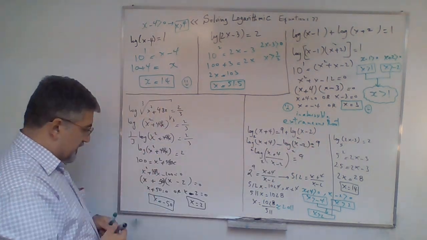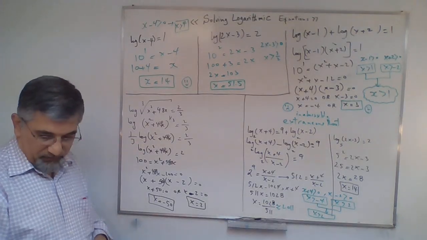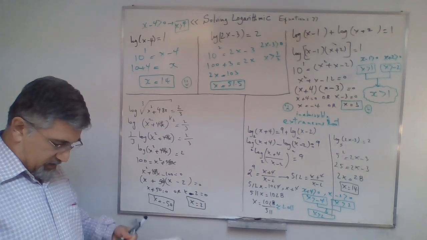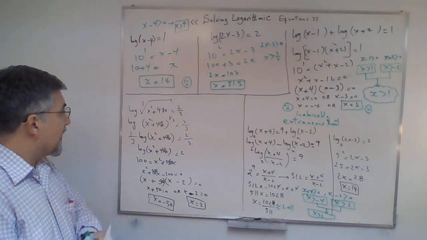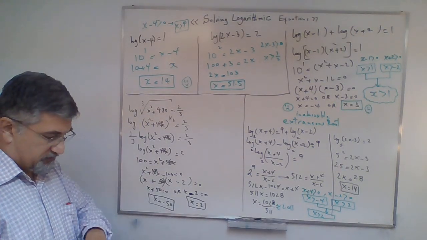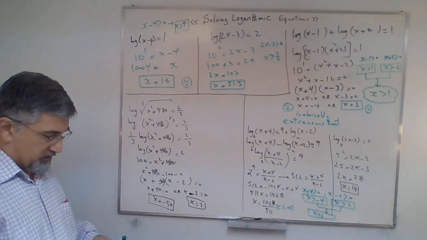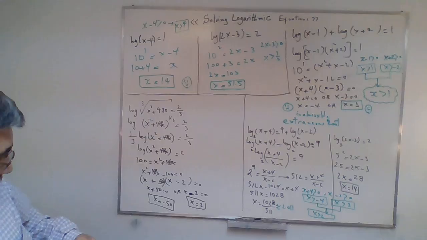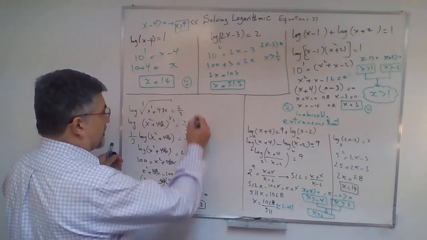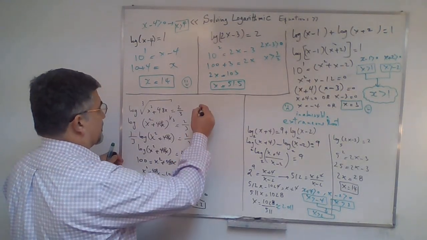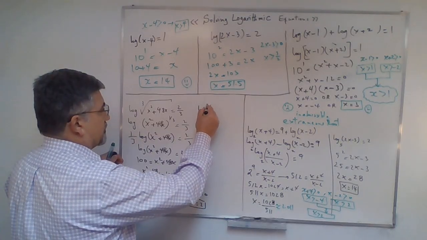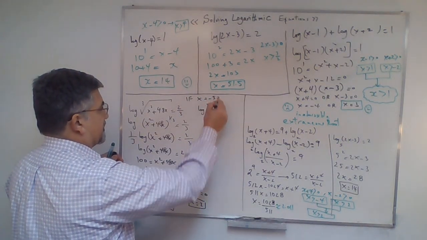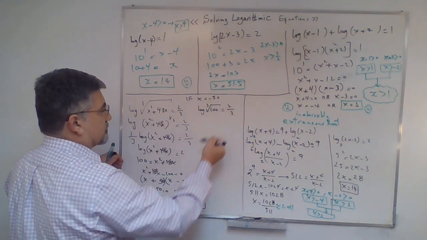So we plug in negative 50 and see what happens. If you plug in negative 50 and you square it, it's going to be 100, added with 48 times negative 50, and using a calculator, we end up with the cube root of 100. So if you sub in negative 50, you get log of cube root of 100, and that is equal to 2/3.